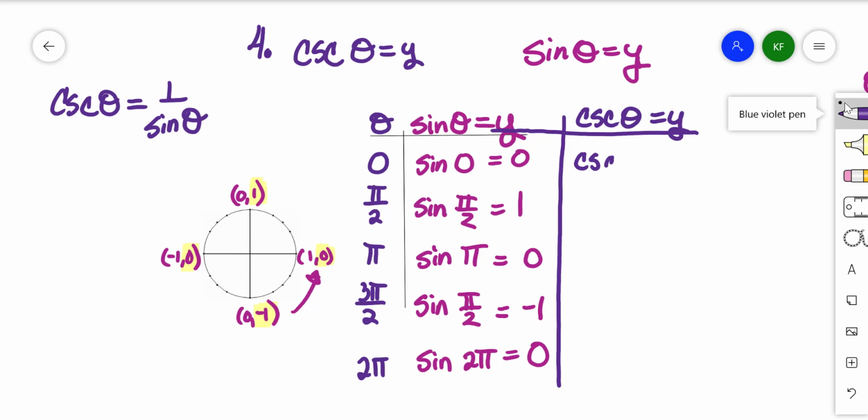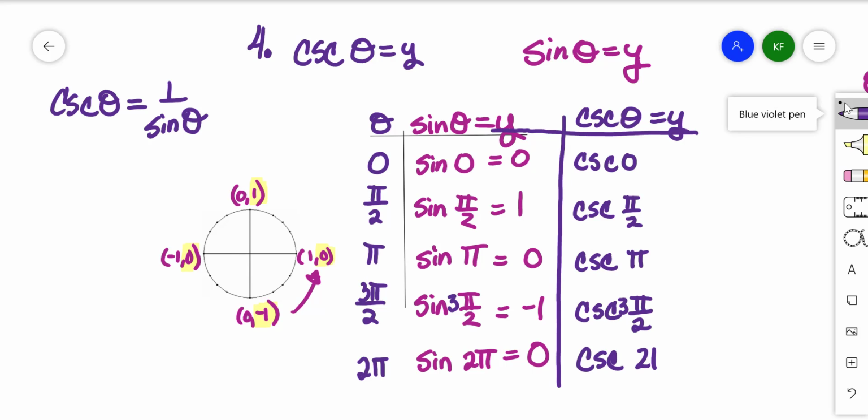So there's nothing wrong with that. But this, I think, is a bit of a shortcut if you understand the relationship. And then the graph also becomes way easier, which is really, really nice. And this should be 3 pi over 2, and then this is cosecant of 2 pi.